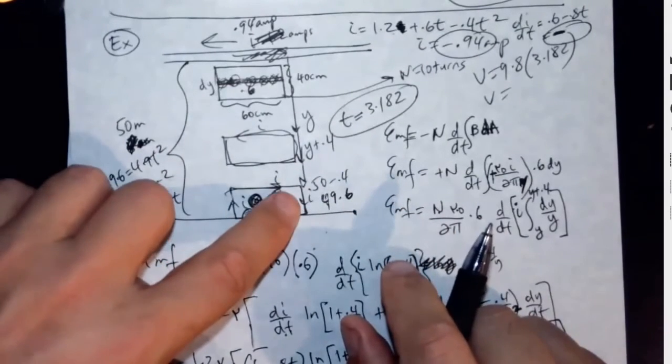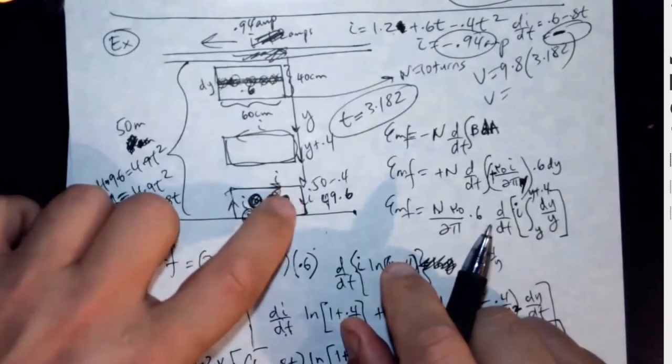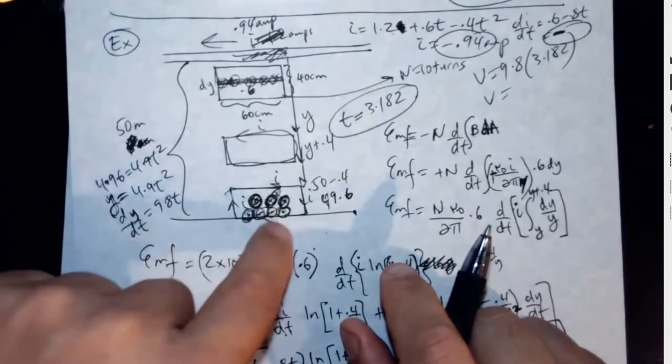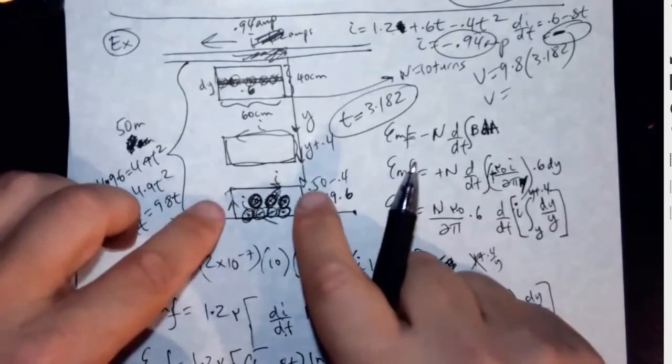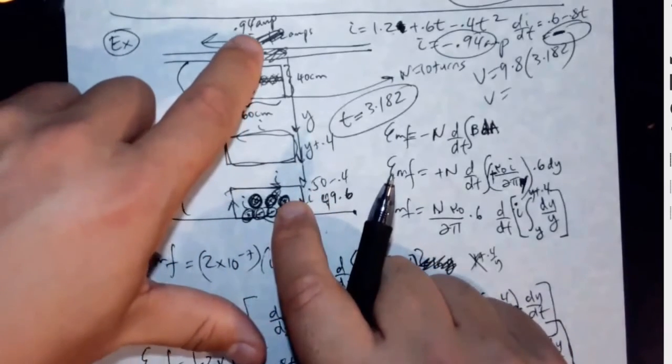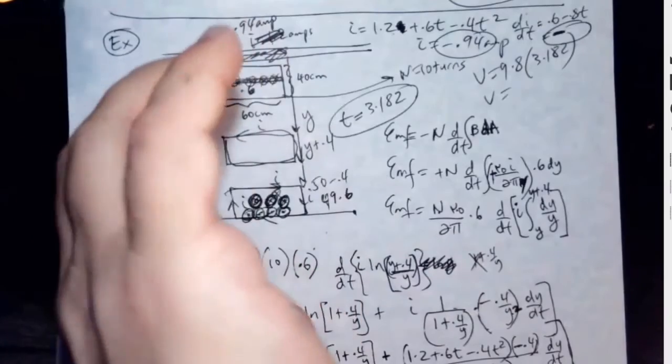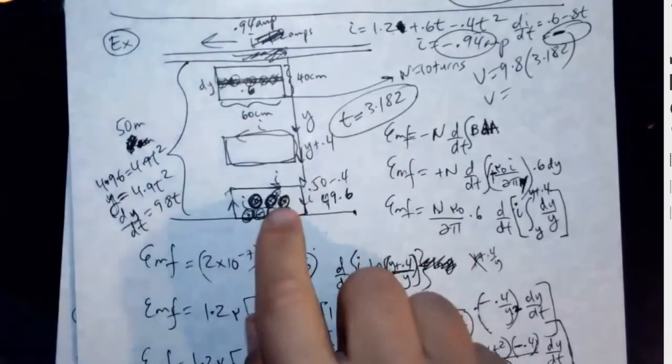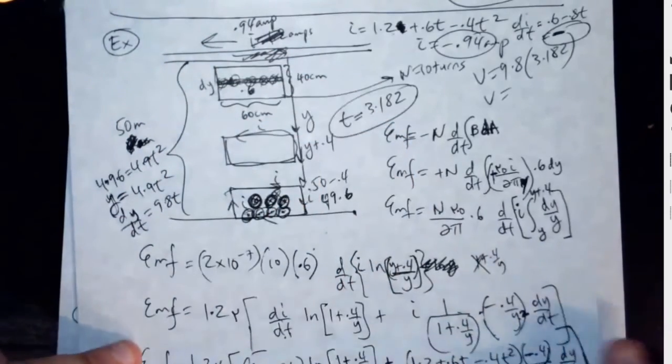So then what kind of current should you create? You should create a current that's opposing that, right? Even though you're moving into weak areas of weaker field, but the current is getting larger and larger. So what was the answer we got for the direction of the current? Clockwise, right? Yeah, it's negative. That makes sense.